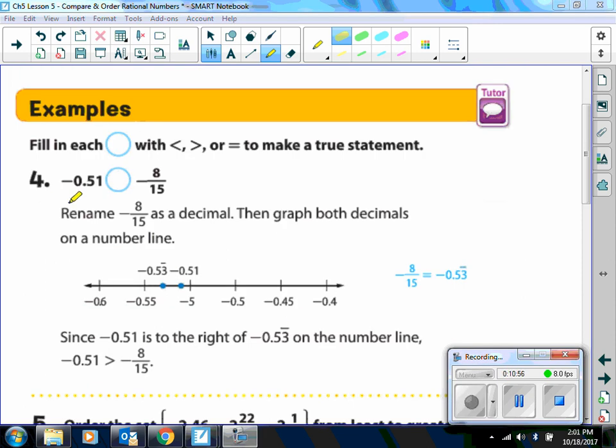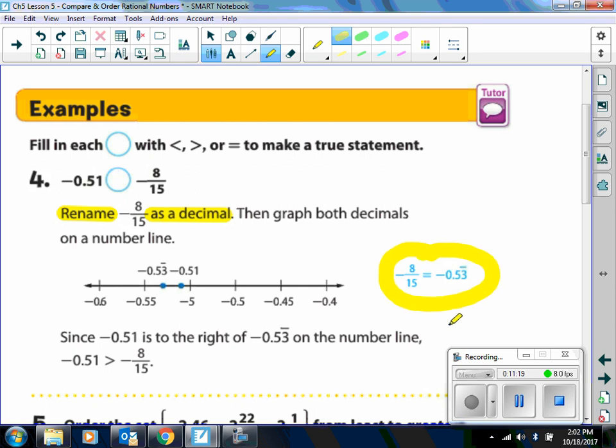So, for example 4, we have a negative 0.51, that is 51 hundredths, and we have a negative 8 fifteenths. So here, the first thing we're going to do is rename the fraction as a decimal, okay? When we make that fraction into a decimal, here is the result. And you guys will show that work as long division on the side.